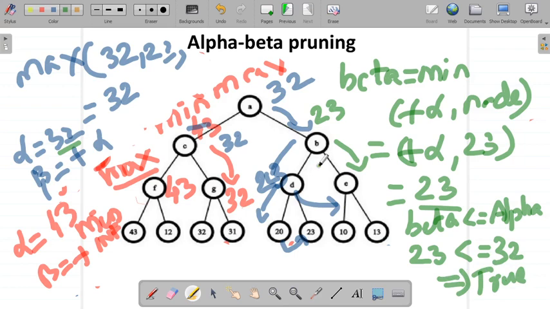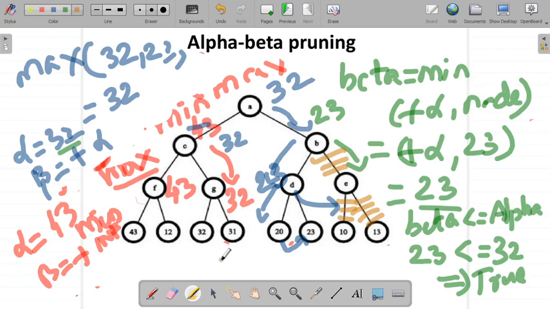Suppose if the condition is false, we can explore further. But here the condition is true, so we stop the process here. So the nodes E, 10 and 13, are not traversed.